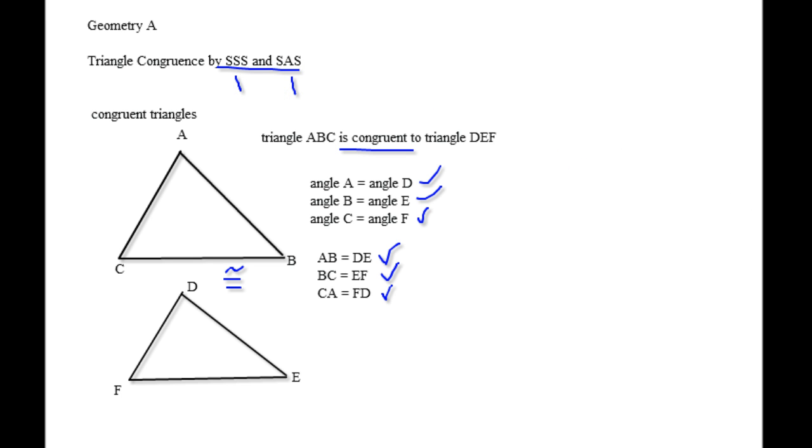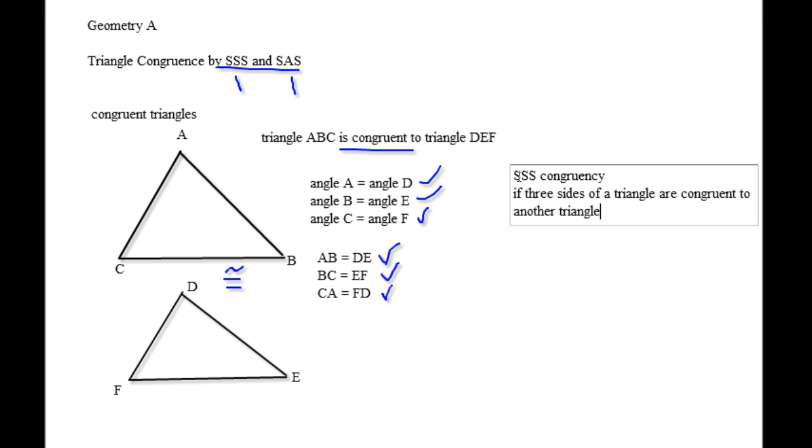Okay, alright, now SSS is this, and it's SSS congruency. Okay, if 3 sides of a triangle are congruent to another triangle, then both are totally congruent.